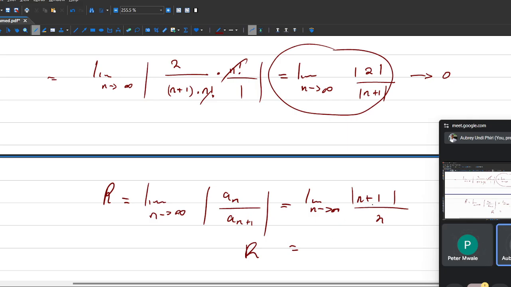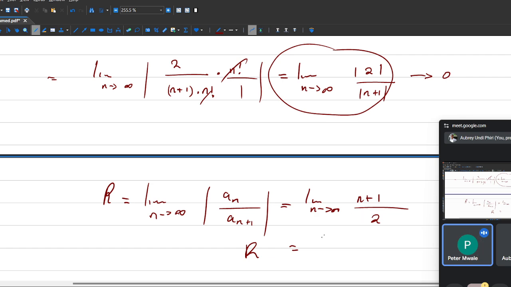When you take the limit of n plus 1 over 2? The radius of convergence would be 1. How 1? There is 2 here. When you take the limit of this, n plus 1 over 2.